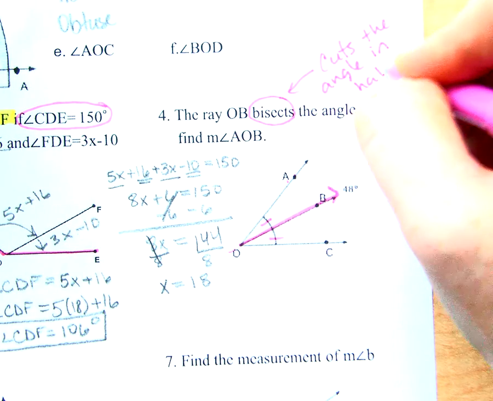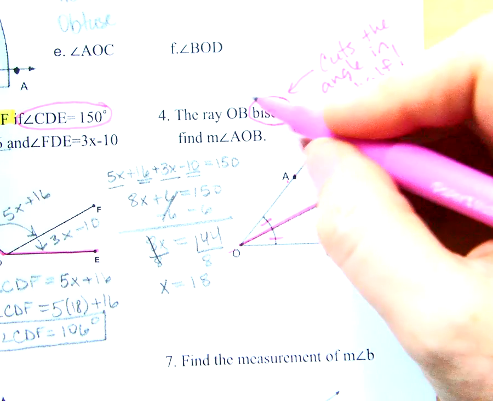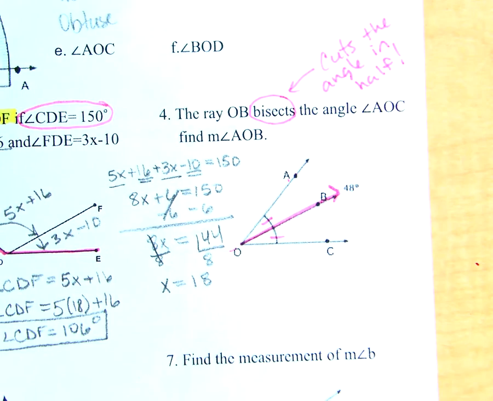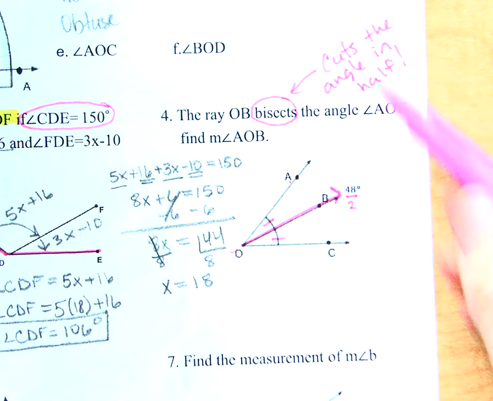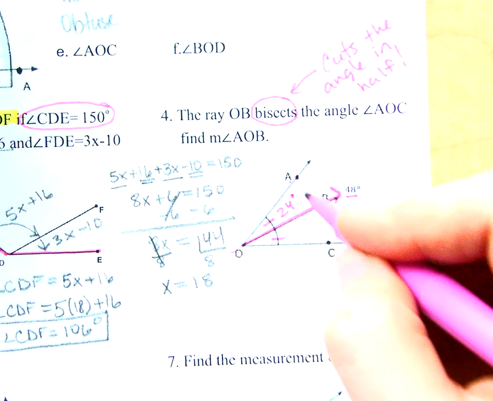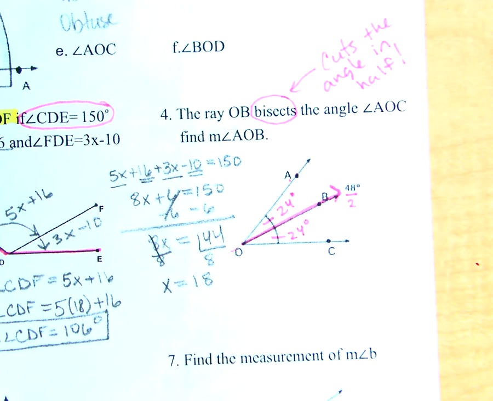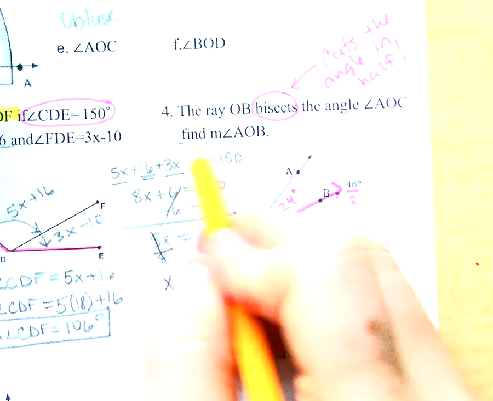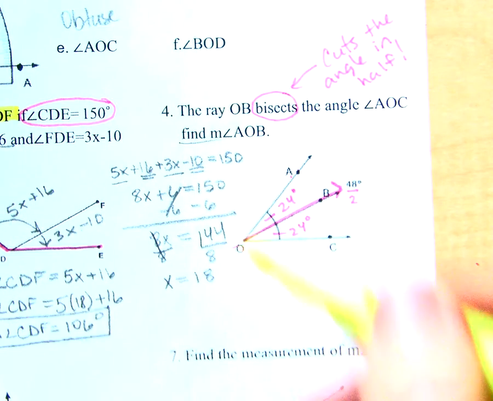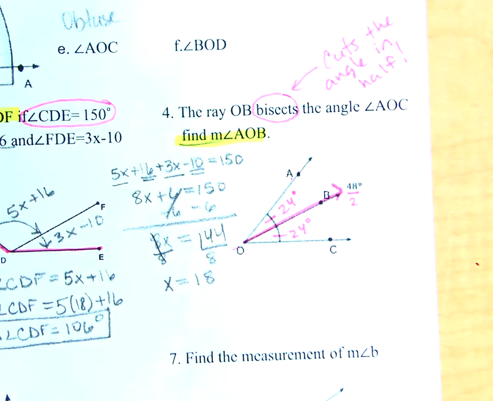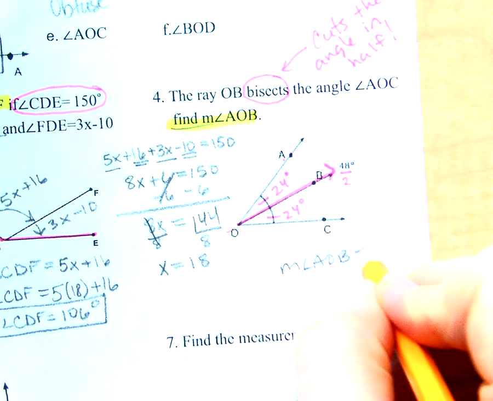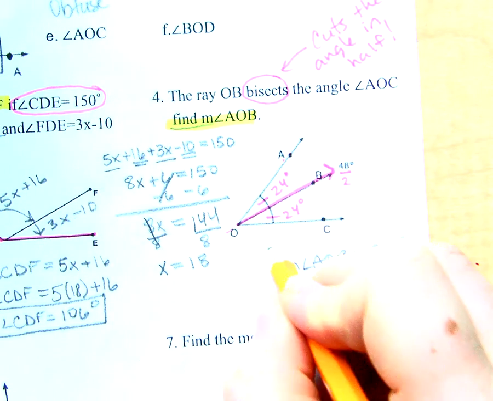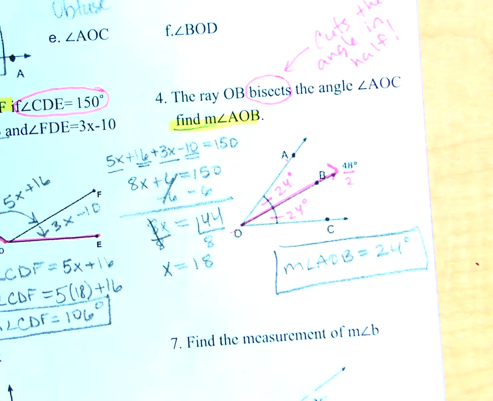So I end up with 2 equal parts. That's the bi part of that word. If this is 48 and I divide it by 2, I get 24 degrees for each of these. Remember, I'm writing my final answer: if it says find the measure of AOB, my final answer should look like the measure of AOB equals 24 degrees, because it's an actual angle.